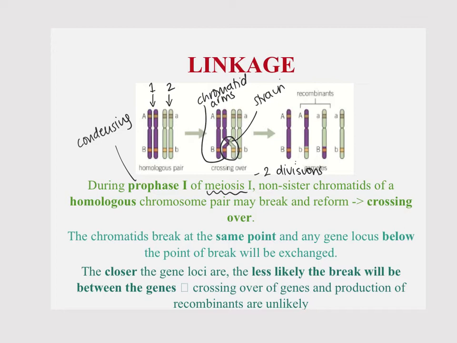Now below the break point, so after you've done the wrapping around and you've got that tension, any gene loci, okay, so the point of where the genes are found on a chromosome, any of those loci below the break will be exchanged. They'll be swapped over, and you can see that in the diagram there.